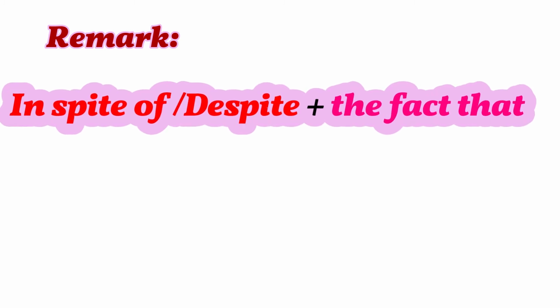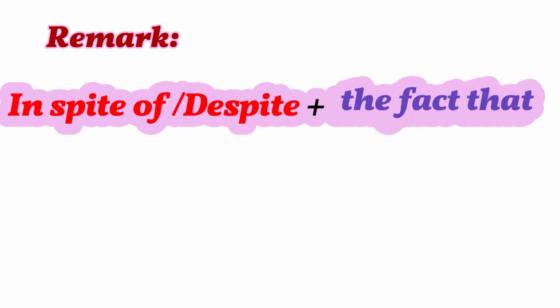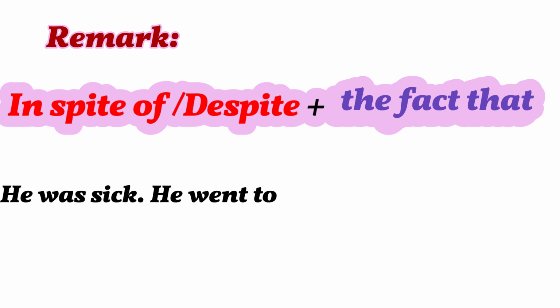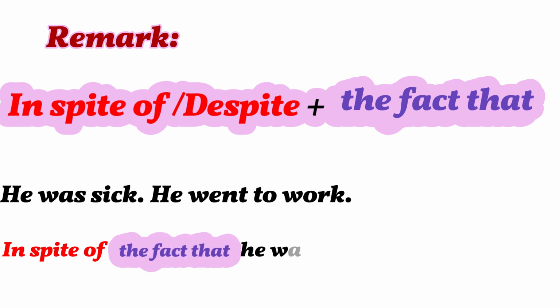You put in spite of or despite, plus the fact that, and you continue without any change. That is subject plus verb plus complement, comma, and the other clause. For example, in that statement we started with, he was sick, he went to work. You can simply say, in spite of the fact that he was sick, you keep the sentence as it is, comma, he went to work.